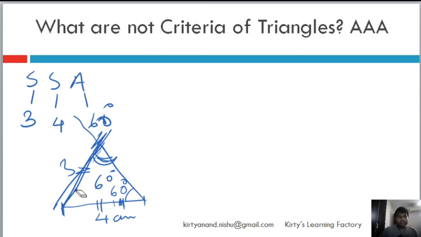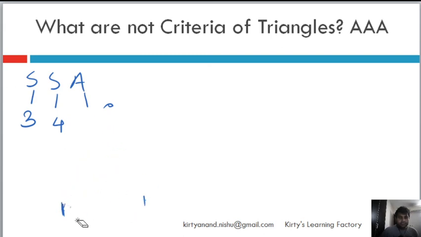Okay, let me tell you in another way. If there is a triangle in which, let's say, it is 5 centimeter and this is 2 centimeter and the angle is 60 degree, any other angle, not the included angle between these two sides.